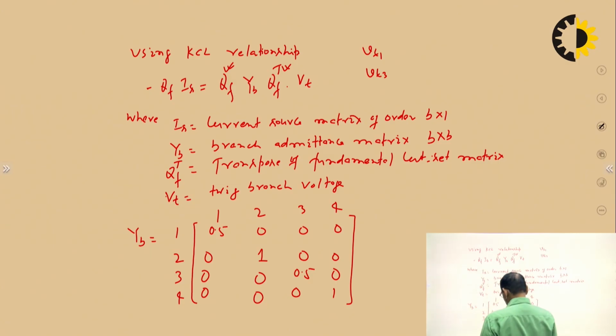Now what we have to do, we have to multiply all these three matrices. QF YB QF transpose. I am writing it straight away, just check it.